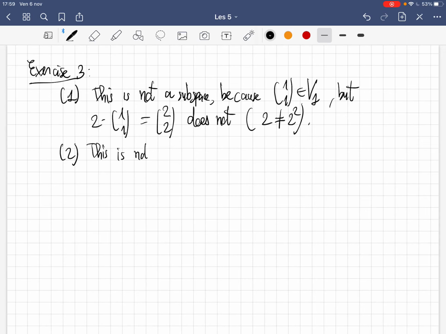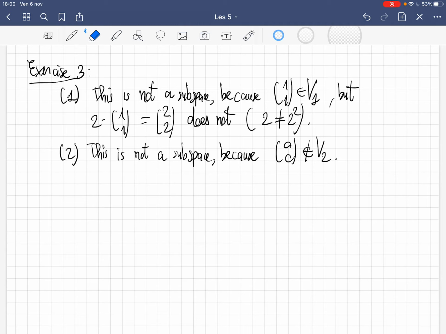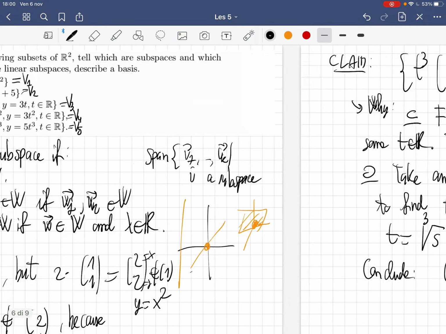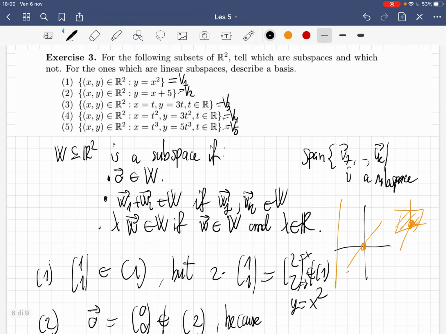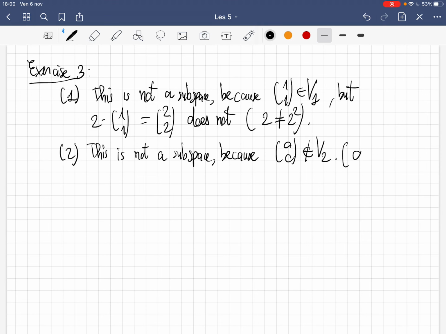This is not a subspace because 0, 0 does not live there. I mean, you can check it. y has to be x plus 5, but 0 is different from 0 plus 5.